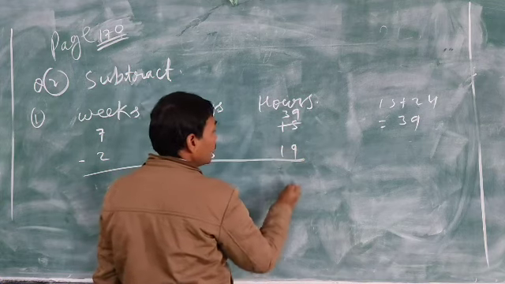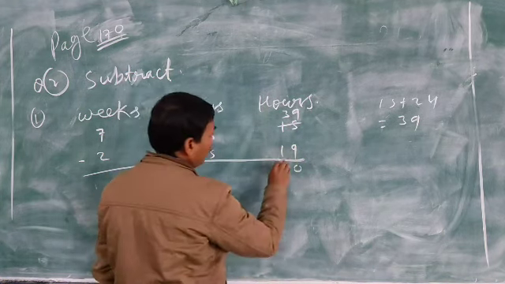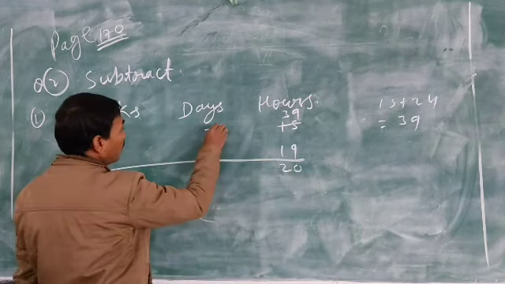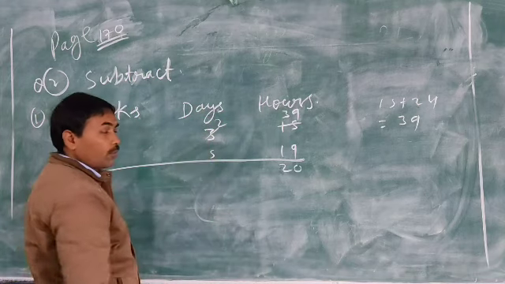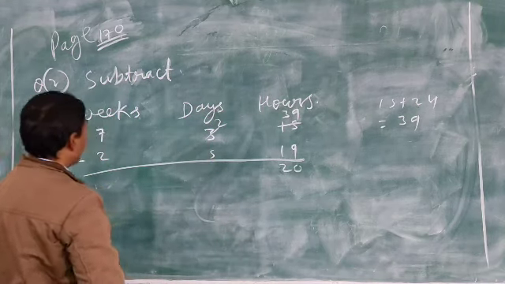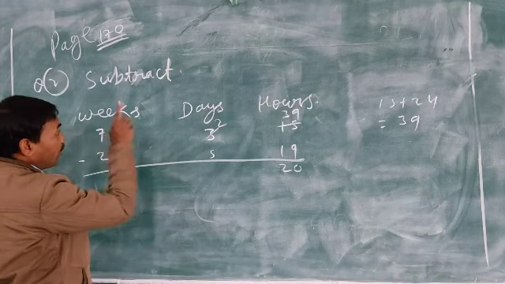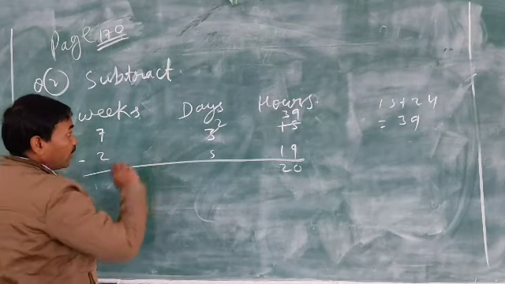9 minus 9, 0. 3 minus 1 is 2. That is 20 hours. And here remaining only 2 days. So 5 can't be subtracted from 2. You should take a borrow from weeks, and you know the relation between days and weeks: 1 week equals 7 days.